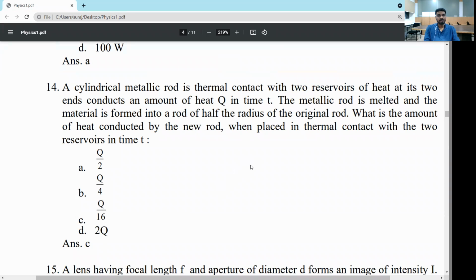What is the amount of heat conducted by the new rod when placed in thermal contact with the two reservoirs in time t? So there is a rod given. Temperature, let's say this is TH, this is TL. Heat will flow, no? So V is equal to I R, what is it? TH minus TL is equal to I into R. R is equal to rho L by A.